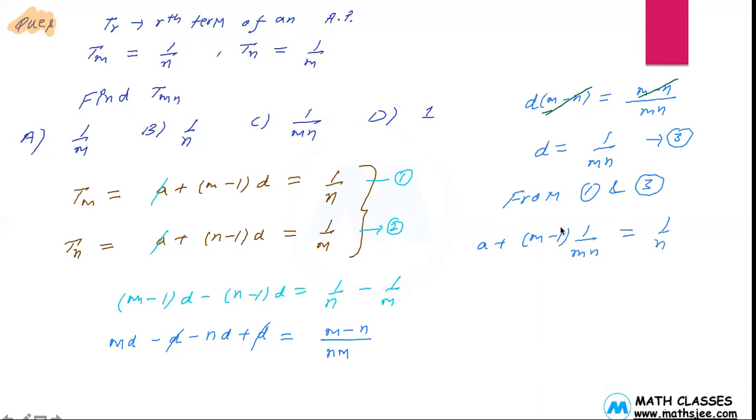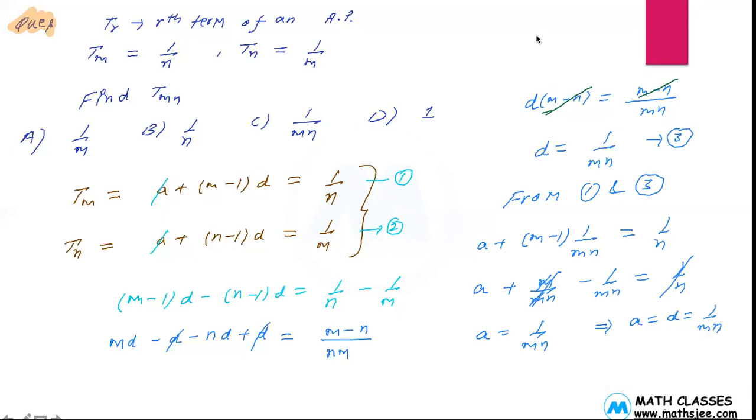So we can open up this bracket. This is a plus m by mn minus 1 by mn. M by mn, the m and mn will get cancelled out, 1 by n is there. Here also there is 1 by n, so this and this will get cancelled out. So a equals 1 by mn. So now we have the value of a equals d equals 1 by mn.